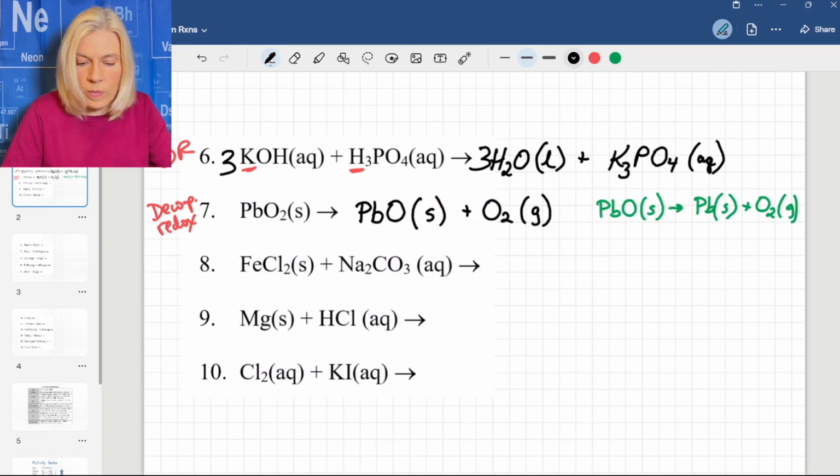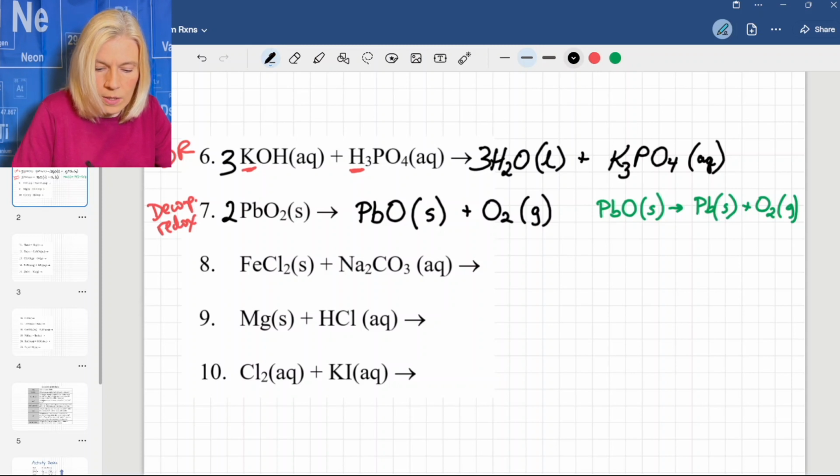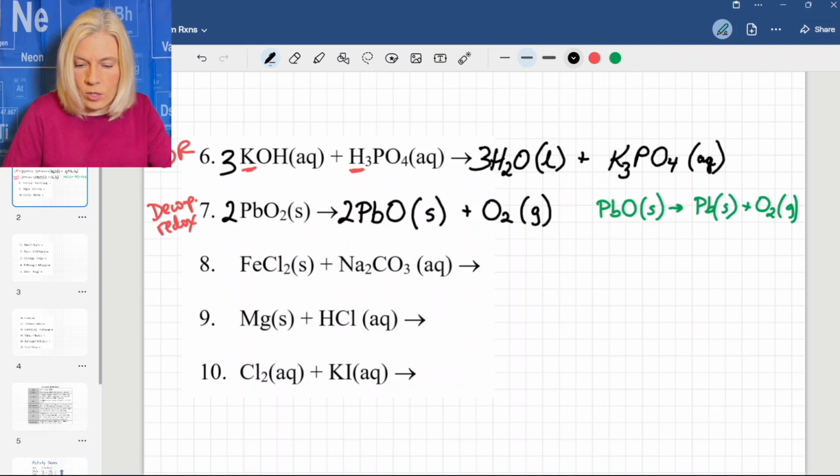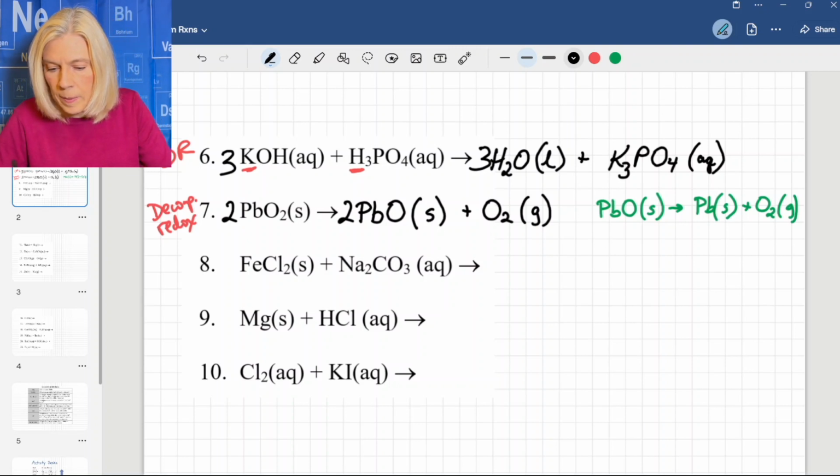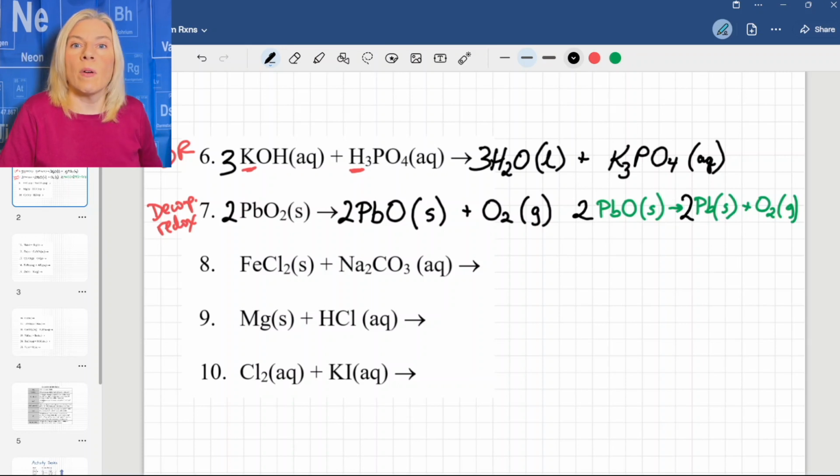And we need to balance it quickly. So I think we need 2 here, and I need 2 here. So I have 2 lead, 4 oxygens, and it's balanced. And this guy, if I have 2 oxygens here, I will need 2 lead. There we go. So we have our balanced reaction, and it's redox.